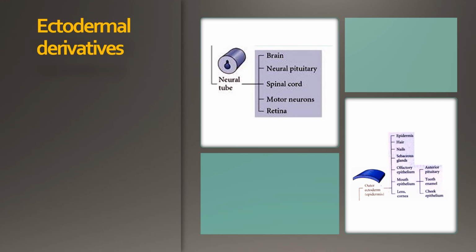The very important thing to know about the ectodermal layer is that it develops the muscle of the iris and the skin. Usually the mesodermal layer develops the muscles, as we said in the previous slide, but in the case of ectodermal derivatives, this is one exception: the muscle of the iris and the skin muscle are derived from the ectodermal layer. So we have to remember this.